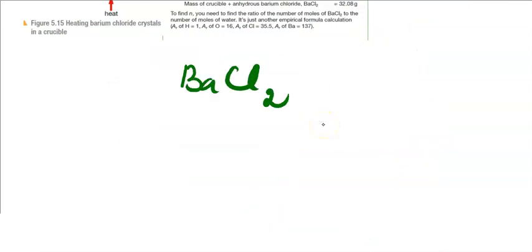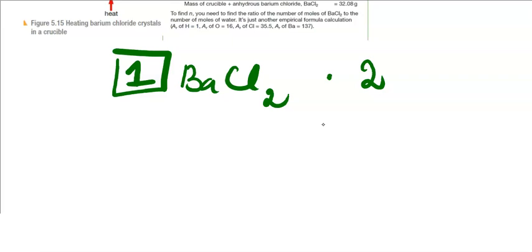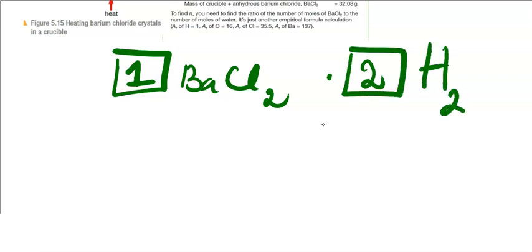Barium chloride, you put 1 for barium chloride, and where you have N, you put 2 here, and this is your answer. Now I hope you understand.